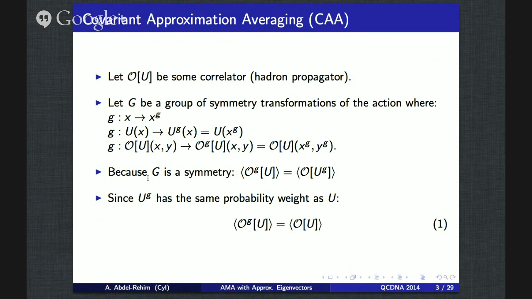So we have this group of transformations, which means we make a translation of the coordinates. Our configurations will transform to U^g(x), which means the gauge field transformed to these new positions. And the transformed correlation function is defined as the correlation function on the original gauge configuration, but at shifted locations.